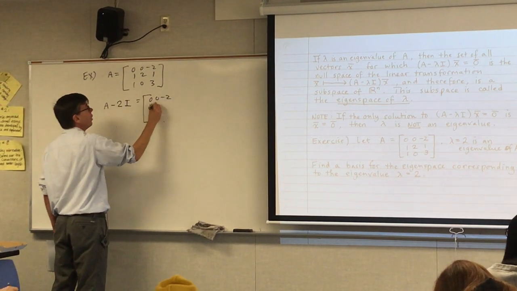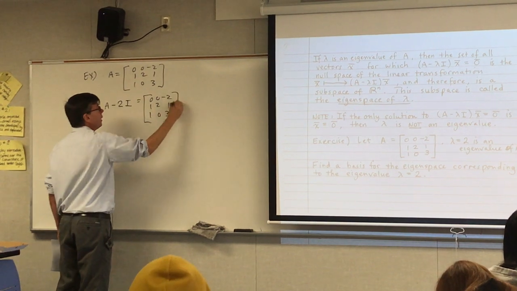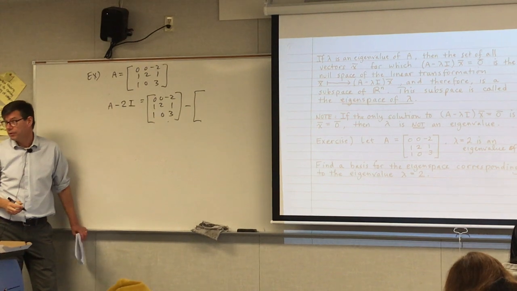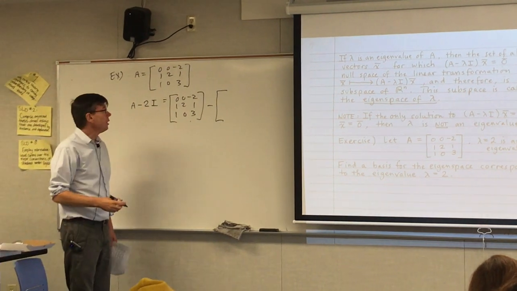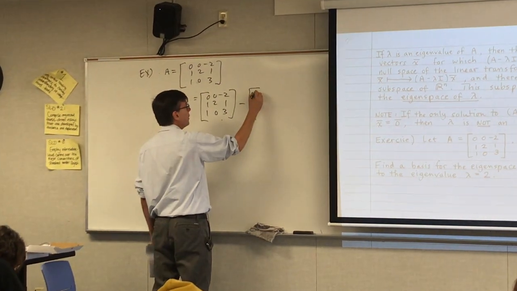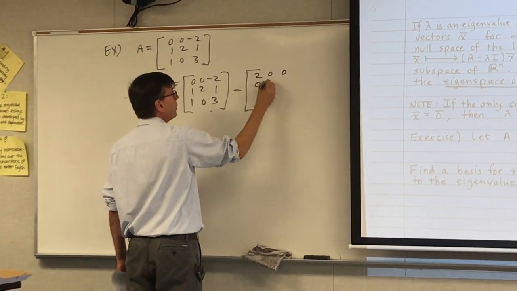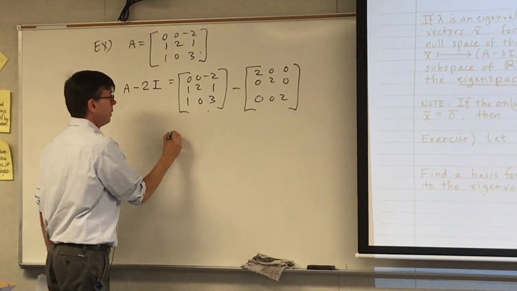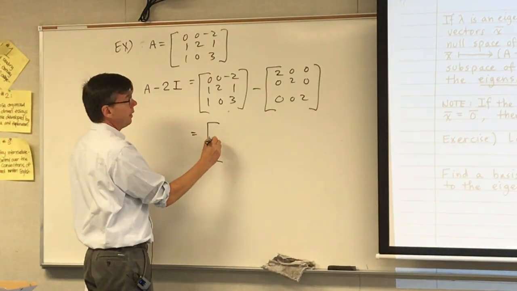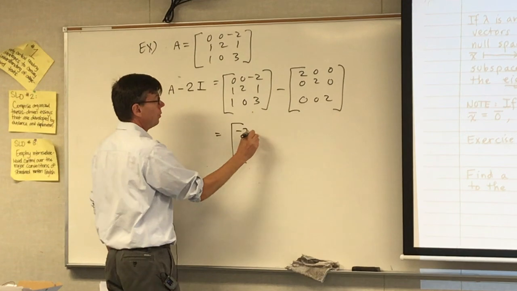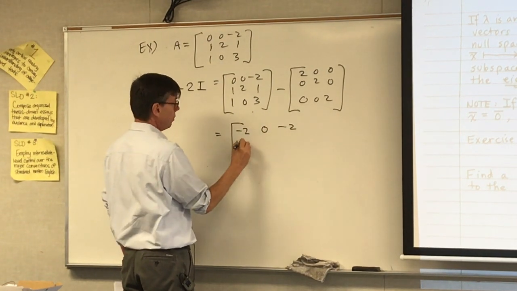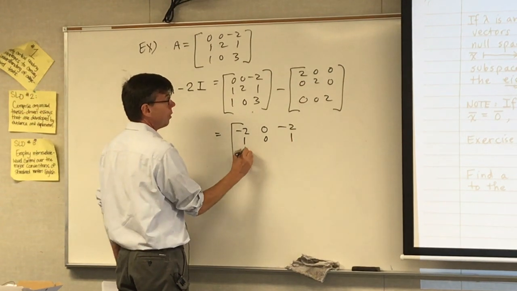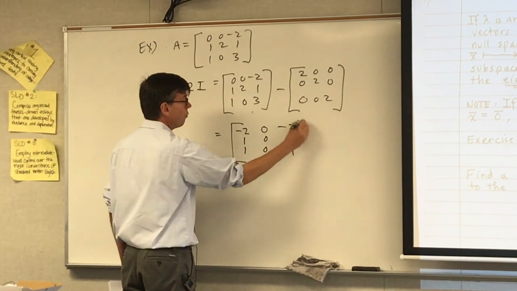Because I'm in dimension 3, where n is 3, I is the three-dimensional identity matrix, so 2I is 2, 0, 0, 0, 2, 0, 0, 0, 2. And so what do I get? I get negative 2, 0, negative 2, 1, 0, 1, 1, 0, and 3 minus 2 is 1.